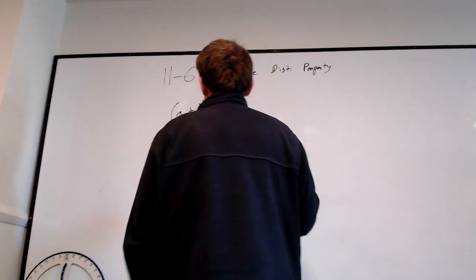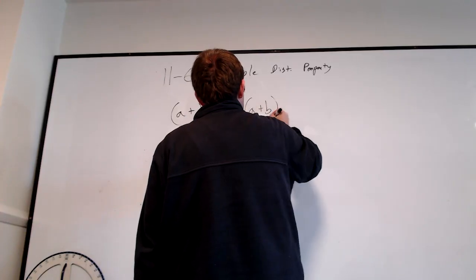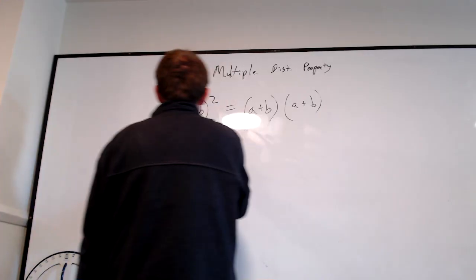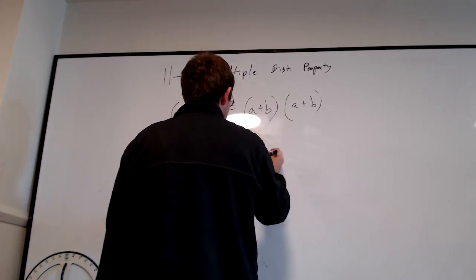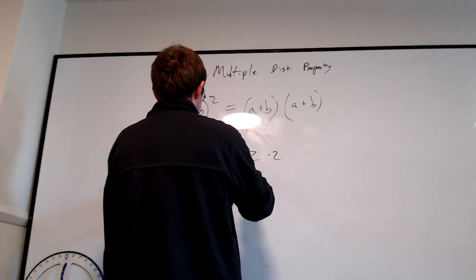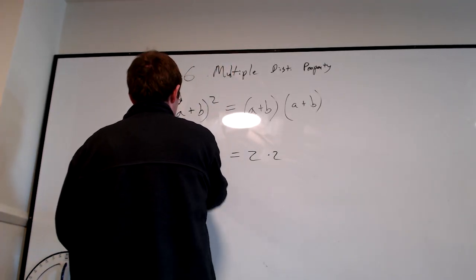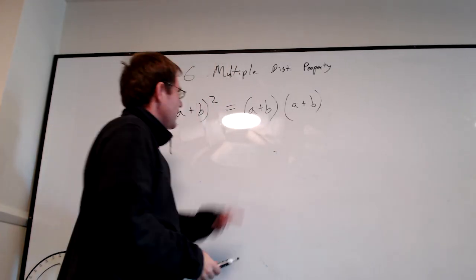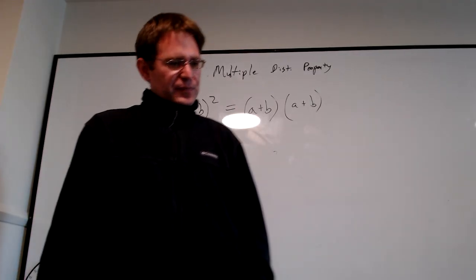Yep, exactly. Just like if we have 2 squared, it's going to equal 2 times 2. And then to do this, of course, we just do what we were doing before to distribute.